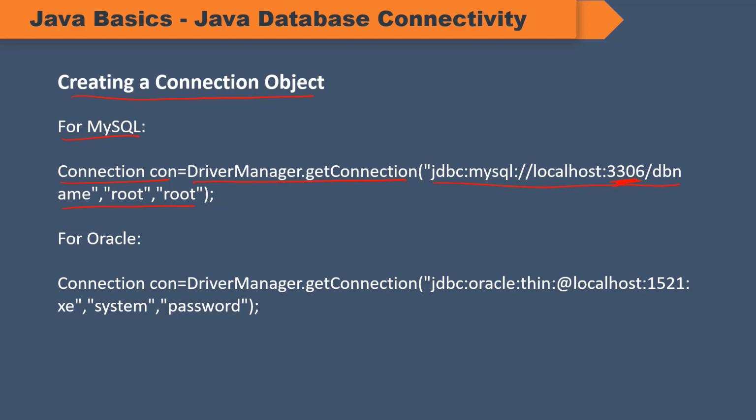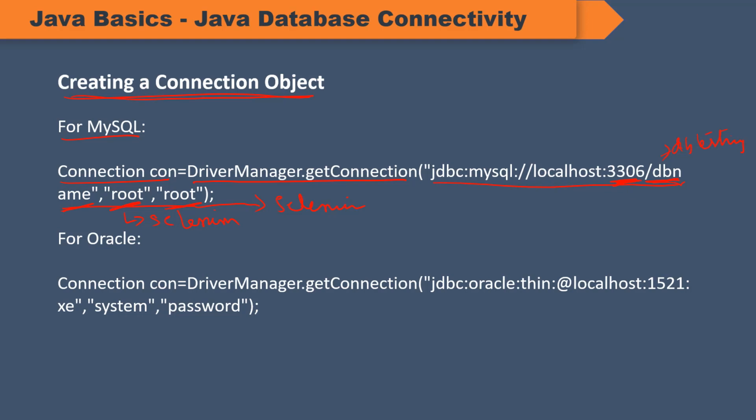And then the database name, the database that we created yesterday was DB testing. And then the database username and password. In our case, it will be Selenium and Selenium, because we have created this new username and password.